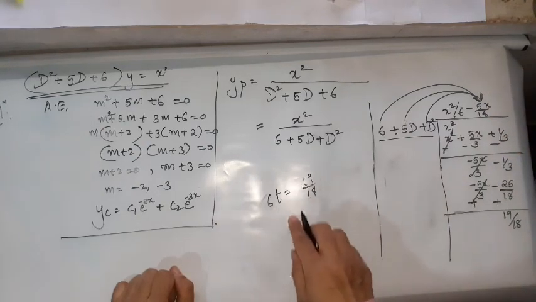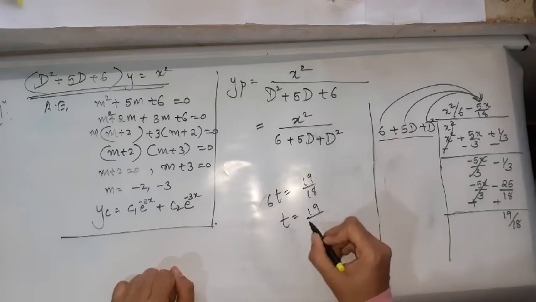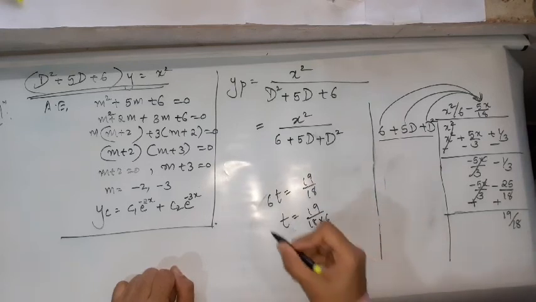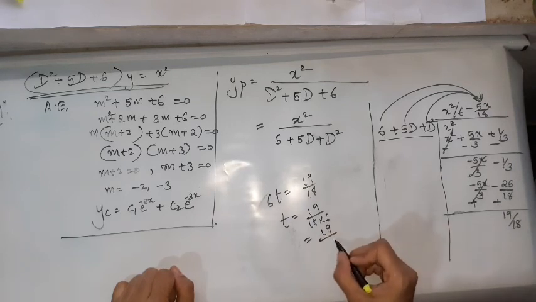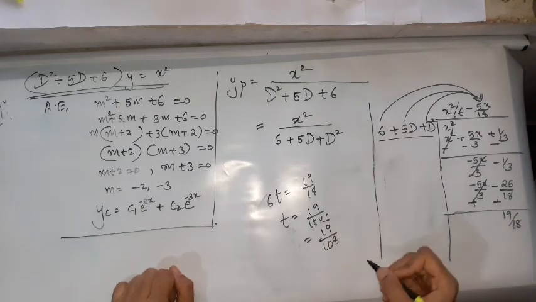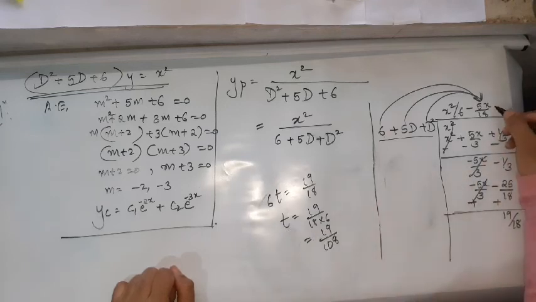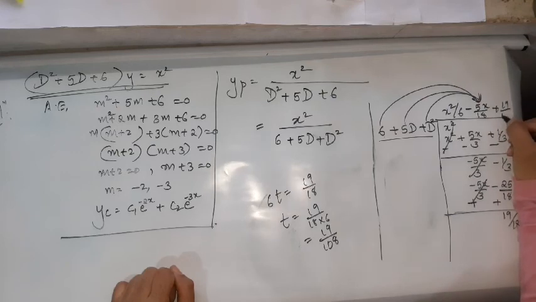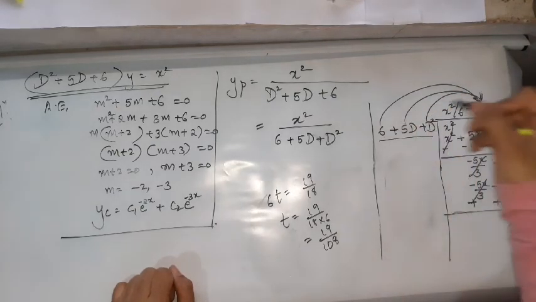So what should be t? 19 divided by 18, here 6 comes to the denominator. So it will be 108 here, 6 into 18 is 108. So it will be 19 by 108. So your t, whatever is coming here, should be plus 19 by 108. Is it not?